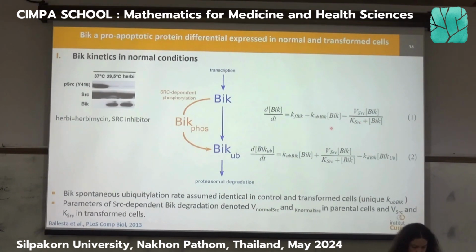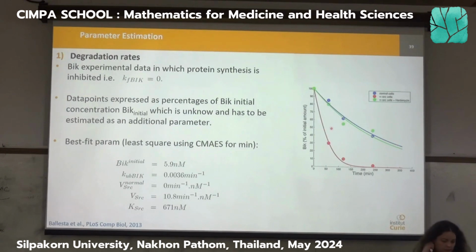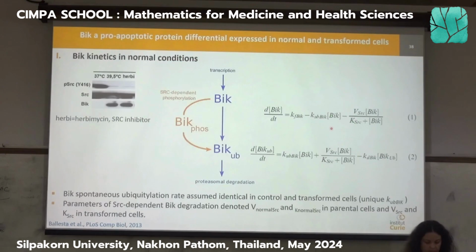This one. So we were actually lucky because we had some very nice experimental data which are plotted here. Those are data in special conditions, in cells exposed to some drugs that will stop completely the transcription. So if I go back here, this is not happening anymore.